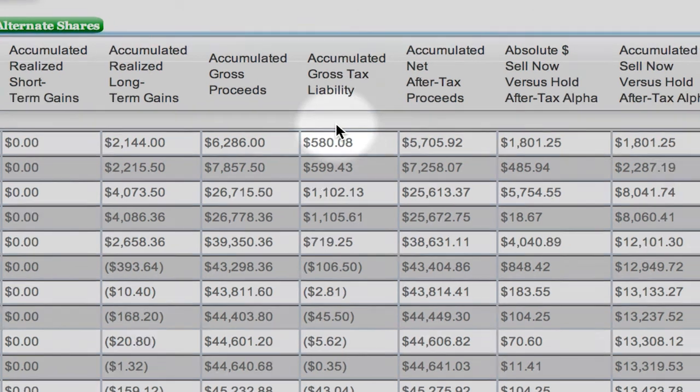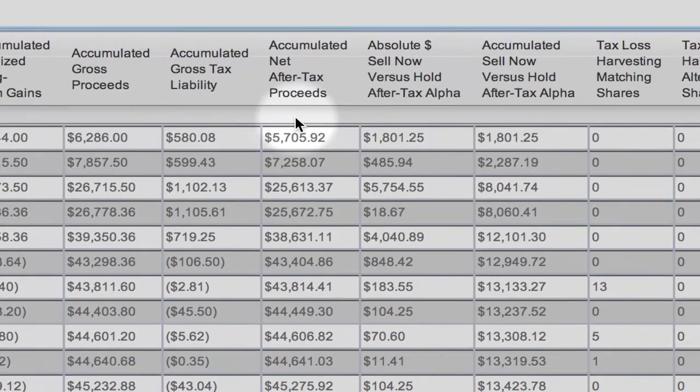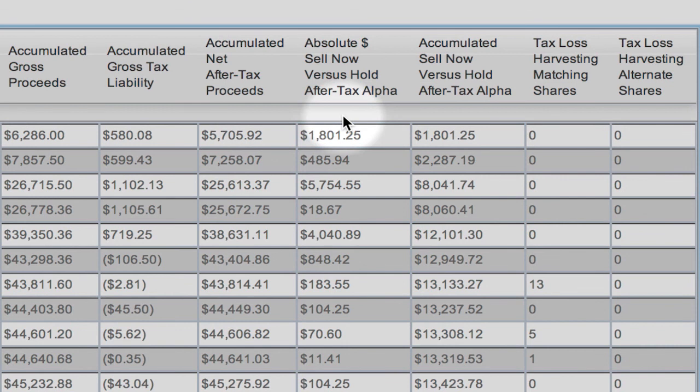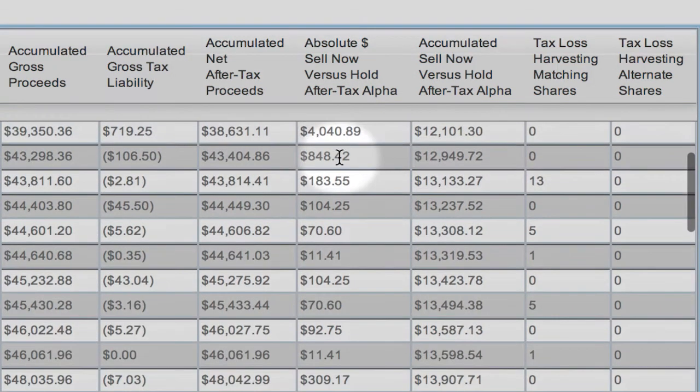Then further to the right we have the absolute sell now versus hold after tax alpha. This value represents the difference in forecasted after-tax value expected by the end of an investment horizon, net of all benefits and costs of selling a tax lot now and reinvesting after-tax proceeds of a particular tax lot compared with holding on to it. A negative number means one would be better off by holding versus selling by that amount.